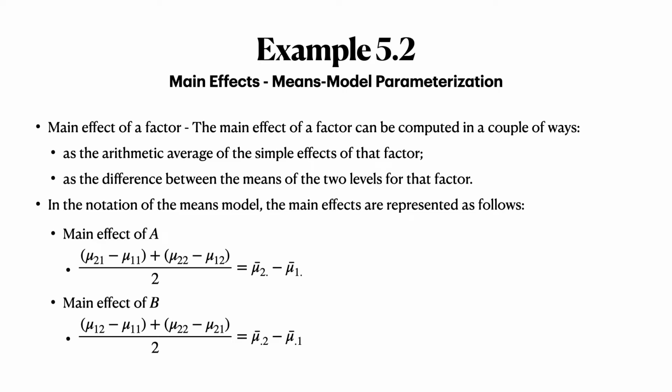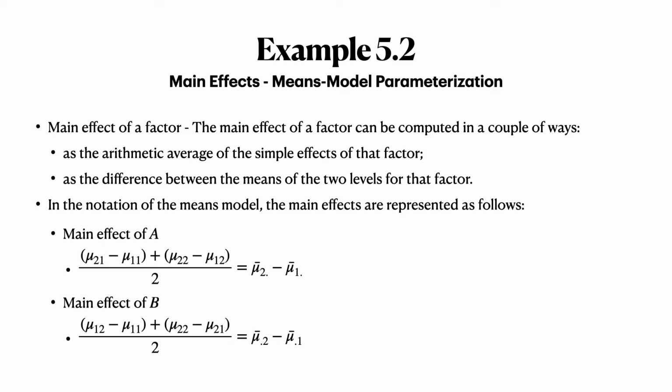Now, in the notation of the means model, the model effects are represented as follows. So on the left-hand side of each equation, I have the representation given by the arithmetic average of the simple effects of that factor. And on the right-hand side of each equation, I have the representation which is the difference between the means of the two levels for that factor.